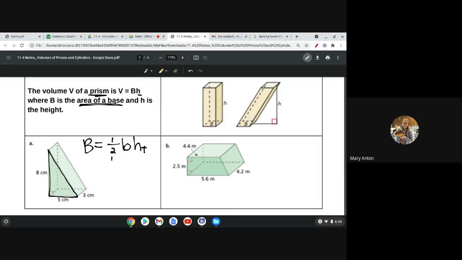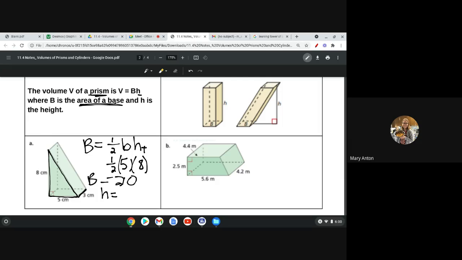So this is 1/2 times the base, 5, times the height, which is 8. Let's see, 1/2 times 5 times 8 is 1/2 of 40, which is 20. So that means the area of the base is 20. And then what's the height of our prism? That's like how far back it goes.